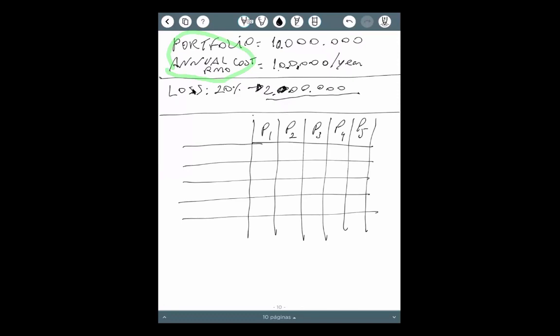So, if you want to use our model, the first thing that you have to say is which problems are your problems. Okay, which problems of our list are your problems. So let's suppose that you say, oh, Americo, P1 is one of my problems.